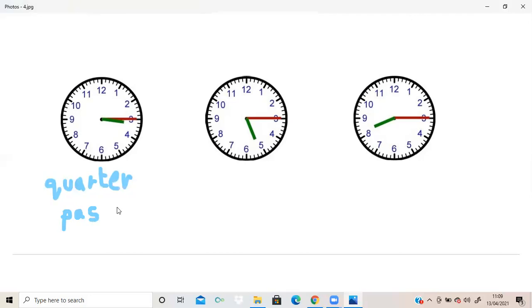If you see a clock face like this, your answer is quarter past 3.